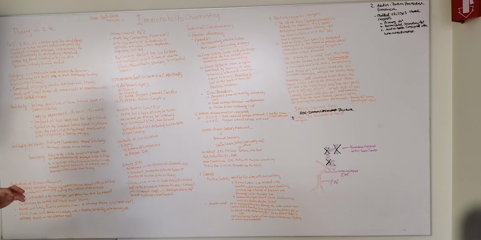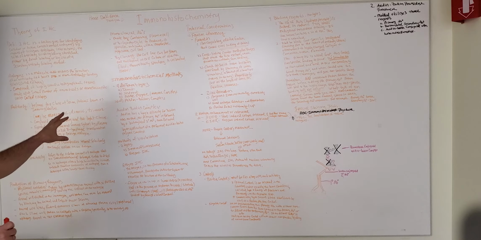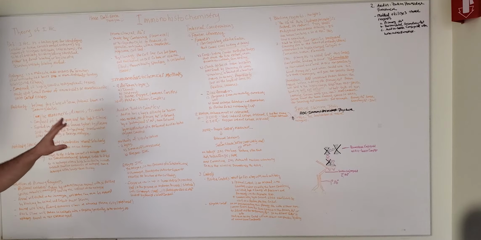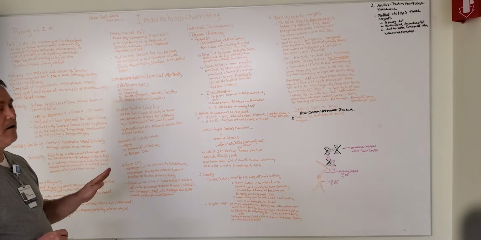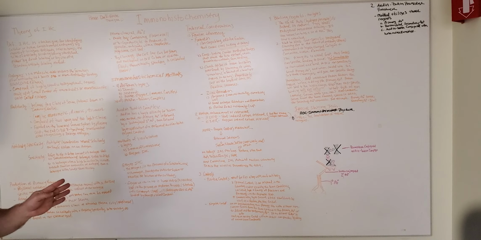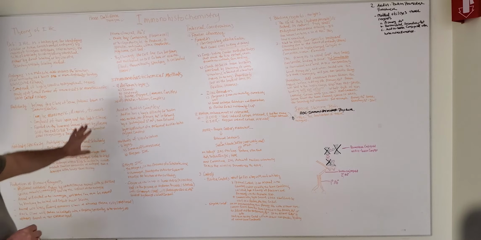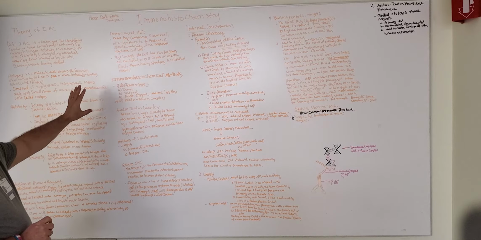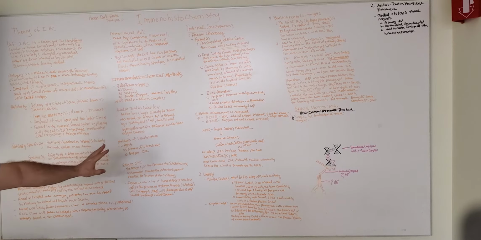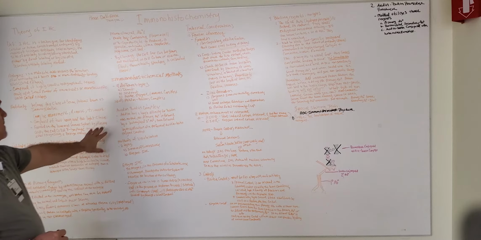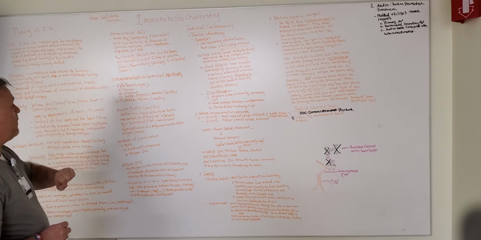Avidin is used in this because it's an egg white protein that binds 4 molecules of the vitamin biotin. Okay, so it has a high affinity for it. That's basically what it says. So, it has a high affinity for biotin.